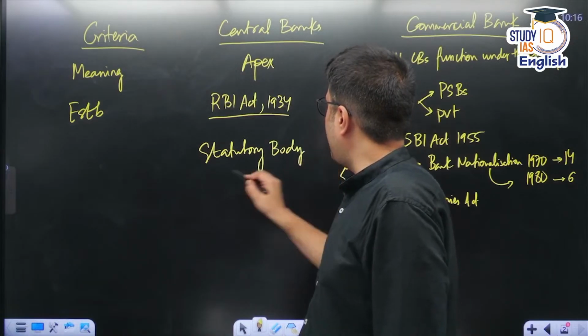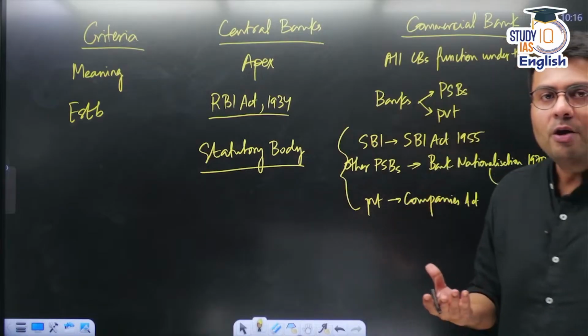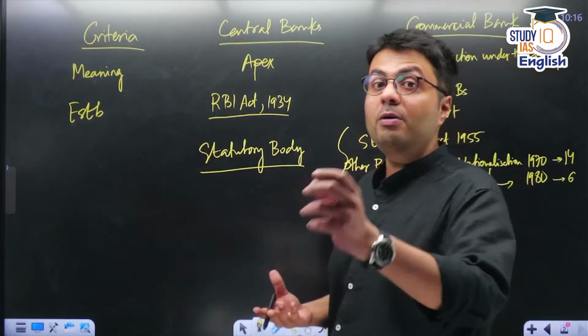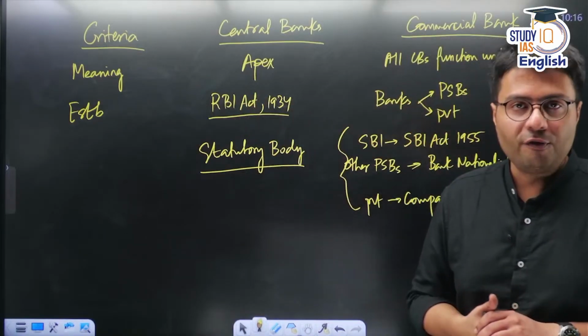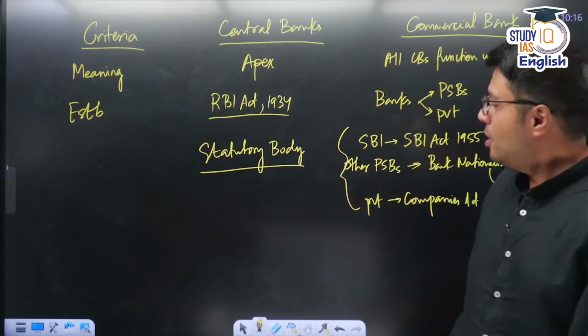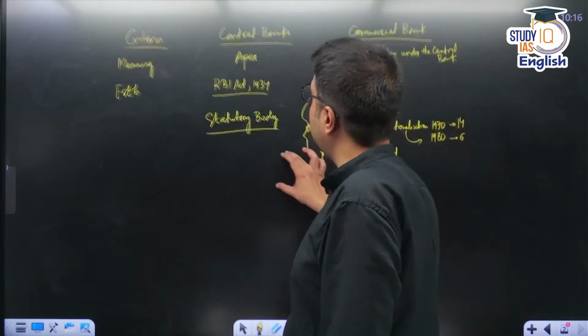I'm hoping all of you know what a statutory body is, right? A statutory body gets its power directly from a statute passed by the parliament, that is the RBI Act of 1934. Got this? So these were the primary two differences, but there are other differences also.